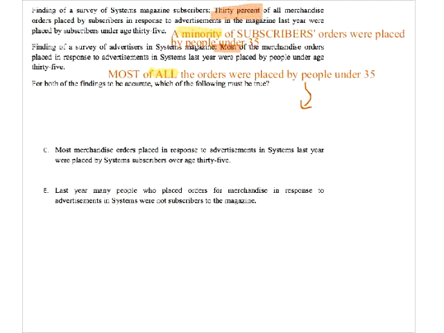So the only way that this can be true is to have some huge number of non-subscribers to boost that figure. So there must have been a huge number of non-subscribers under 35 ordering items. So that's E.